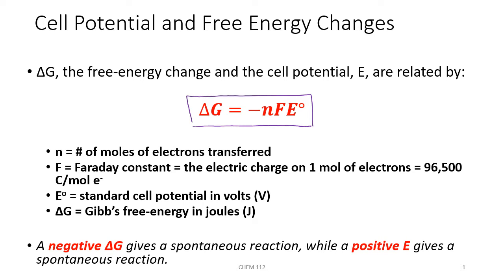So now we can calculate Gibbs free energy just by knowing the cell potential for a reaction, or vice versa. If we knew the Gibbs free energy, we could find the standard cell potential. So just a reminder, a negative delta G corresponded to a spontaneous reaction, and a positive E cell was a spontaneous reaction.